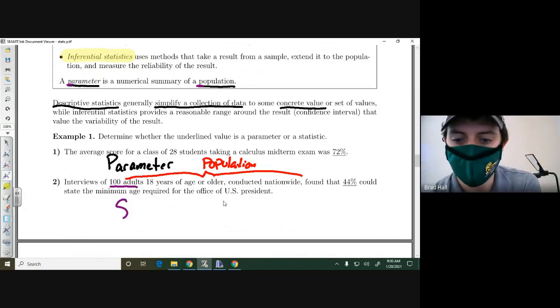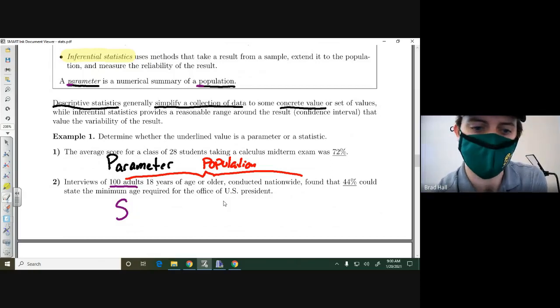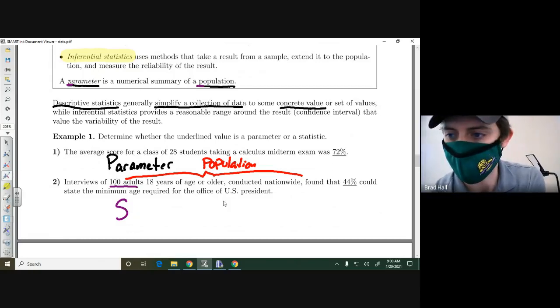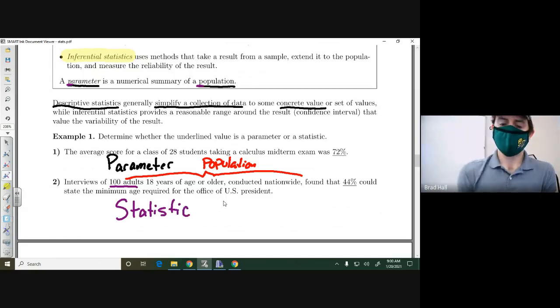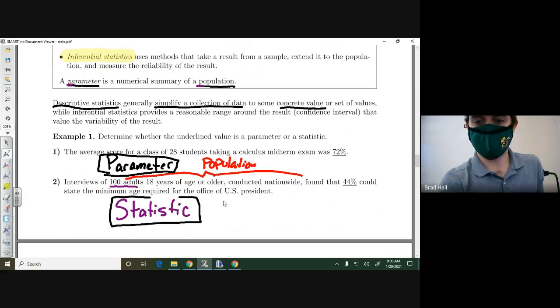So this is a statistic. Parameter here, statistic here.